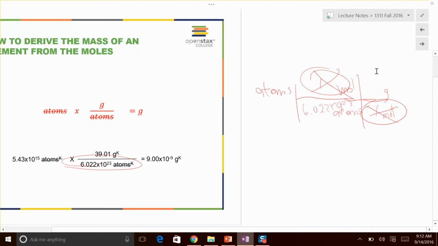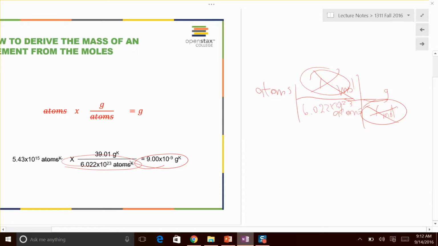So I can set it up atoms to grams, my conversion here, and simply do the number of atoms times the molar mass divided by the atoms in a mole, which is 6.022 times 10 to the 23rd. And then I'll find my answer.